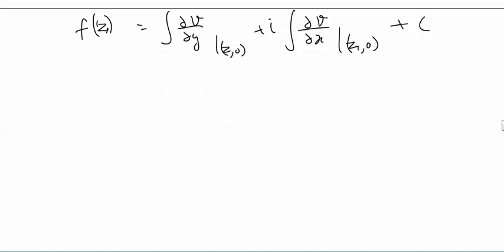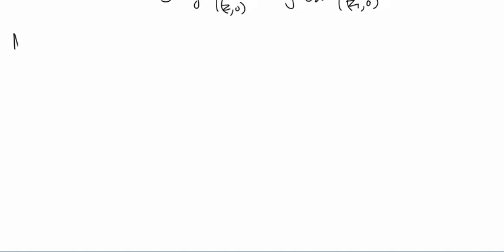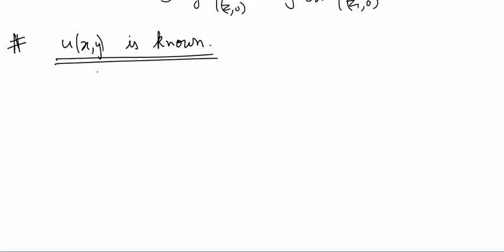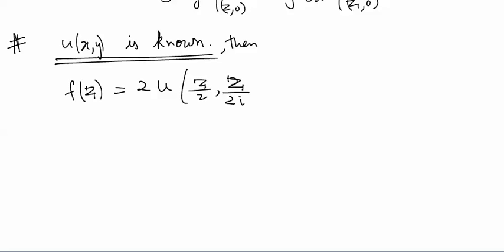Correct? One more thing, sometimes they will ask you directly also. There's a second method in fact. If the real part is given to you, if u(x, y) is known, a shortcut I'm giving you: f(z) can be written as 2u(z/2, z/2i) minus u(0, 0).